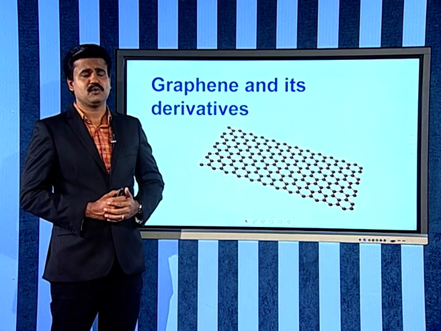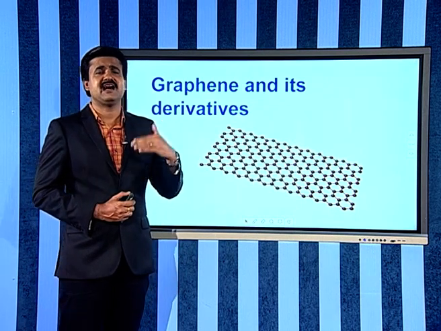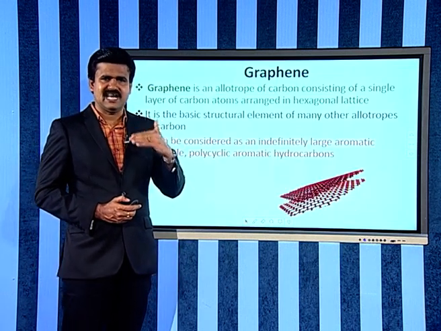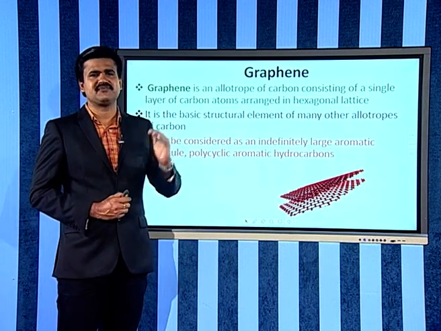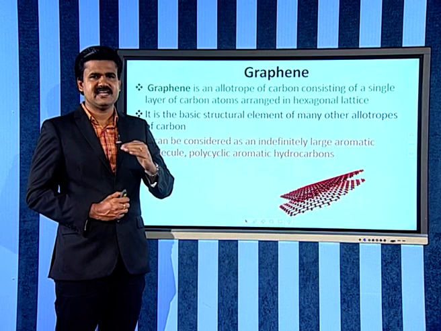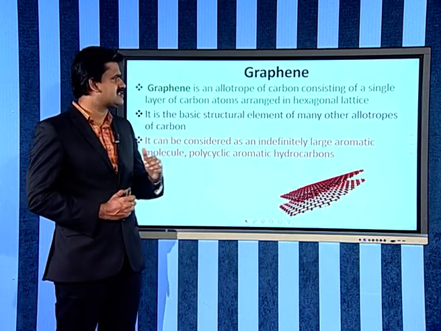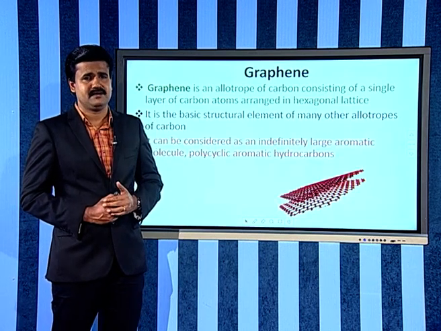The next category of carbon-based nanomaterial is graphene and its derivatives. Graphene is another allotrope of carbon consisting of a single layer of carbon atoms arranged in a hexagonal lattice. It is the basic structural element of many other allotropes of carbon.